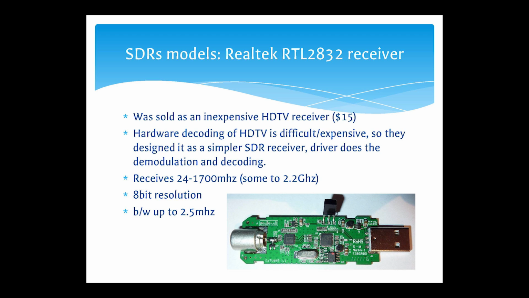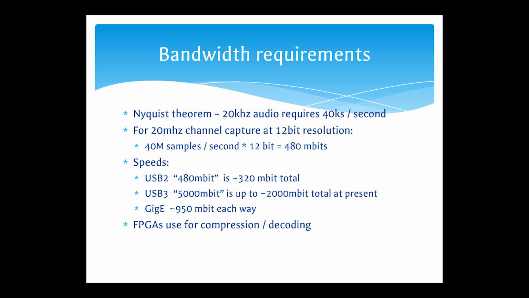Bandwidth requirements. Depending on how wide a signal you need to receive, the bandwidth from the SDR to the PC can get quite high. For example, if you want to decode a Wi-Fi signal of 20 megahertz wide, the Nyquist theorem says that you need to capture that at 40 mega samples per second.